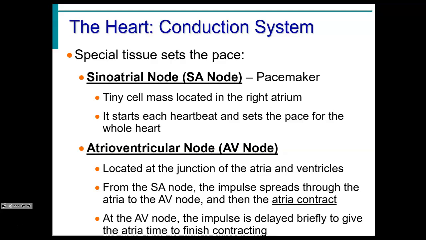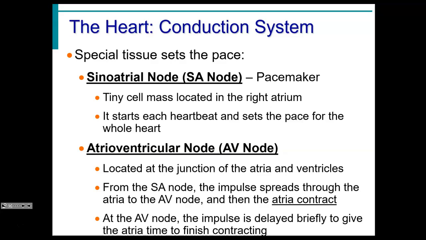AV node is down at the bottom of the right atrium, where the interventricular septum starts, down over here. There's a conduction that happens between the SA node and the AV node, and the SA node sends the impulse to the AV node so that it can be distributed throughout the heart.